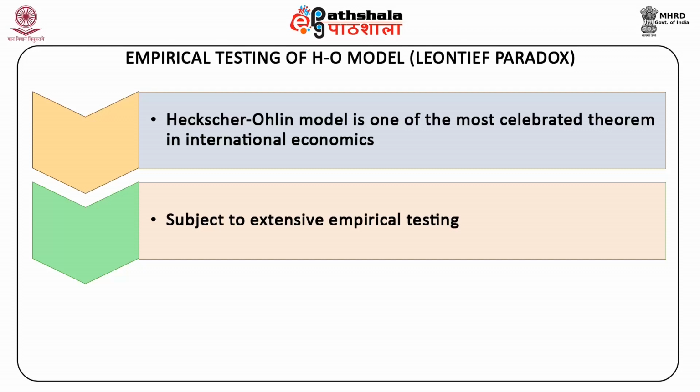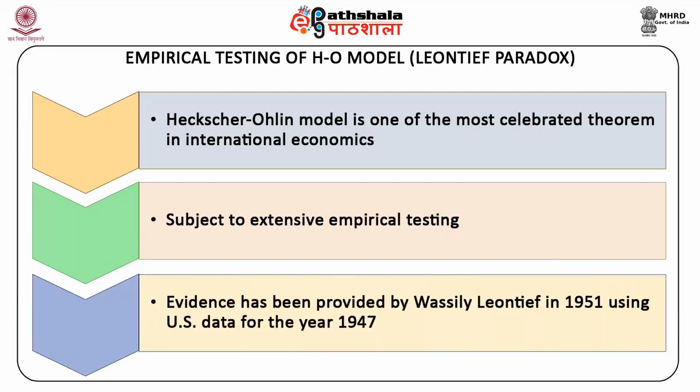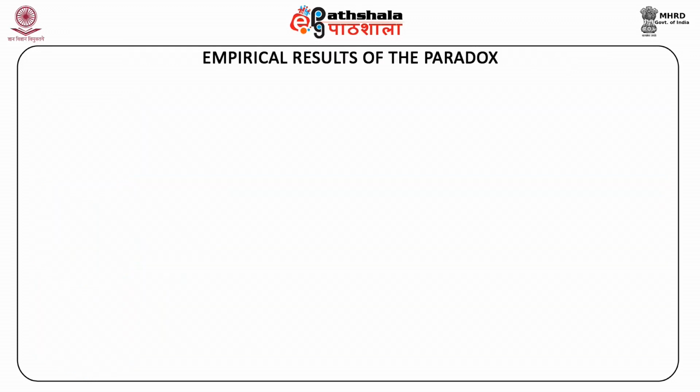The first and foremost piece of evidence has been provided by Wassily Leontief in 1951 using US data for the year 1947. The Leontief paradox is the single biggest piece of evidence against the factor proportions theory. Let us look into the empirical results of the paradox.